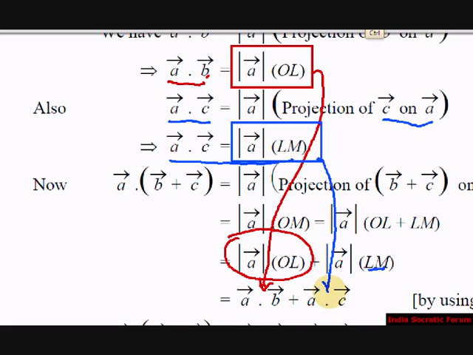Therefore, we have A dot (B vector plus C vector) equal to A vector dot B vector plus A vector dot C vector.